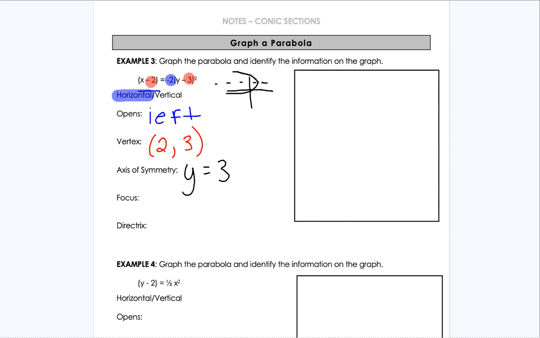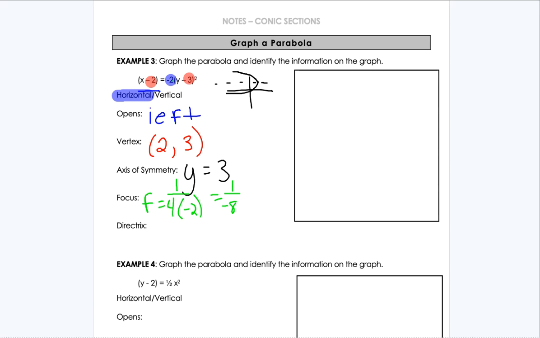All right, and then we just need to find our focus and our directrix. Remember, to find the focus, I have to find the focal distance first. So I'm going to do 1 over 4 times the a value, which in this case was -2 up here. That gives me a focal distance of 1 over -8, or -1/8. So my focus is -1/8 from my vertex.